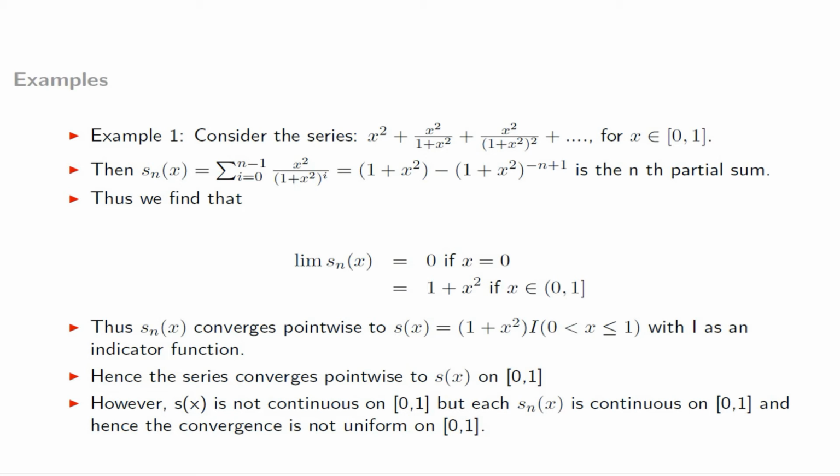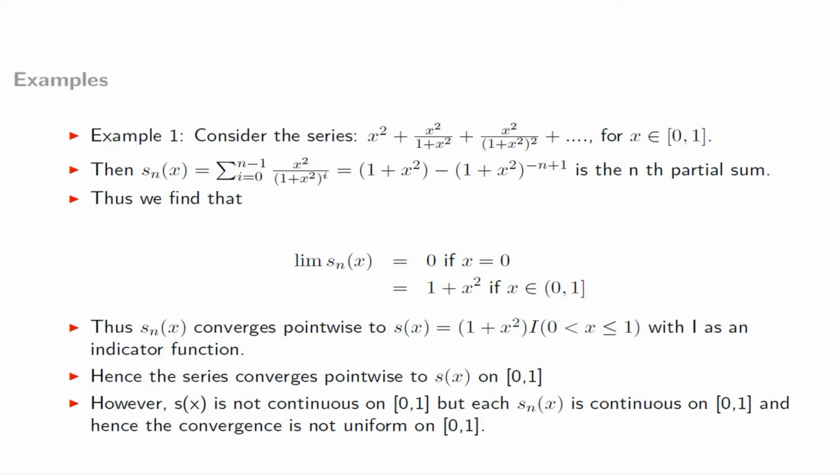Thus, we find that the limit of s_n(x) is 0 for x equal to 0, and it is 1 plus x^2 if x belongs to the interval (0, 1], where the endpoint 0 is excluded from the interval. Thus, s_n(x) converges pointwise to s(x), which is defined as 1 plus x^2 multiplied by the indicator of 0 less than x less than or equal to 1.